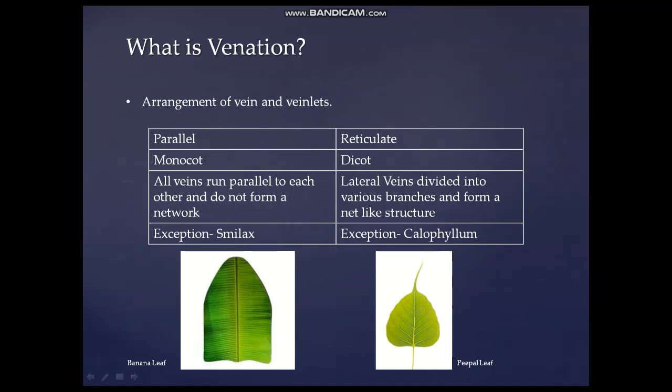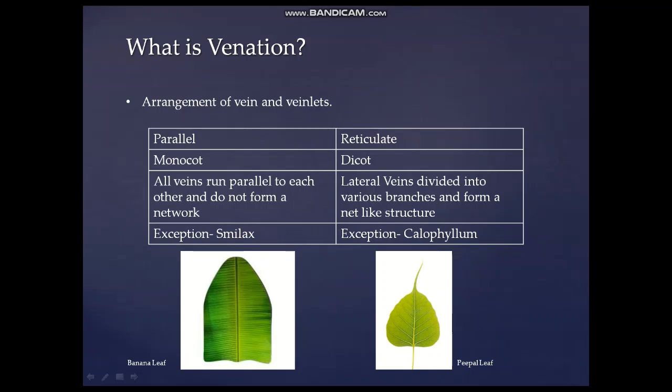In parallel venation, all veins run parallel to each other and do not form a network. It's found in monocots. In reticulate venation, lateral veins divide into various branches and form a net-like structure. But some exceptions are also there. An exception is Smilax.